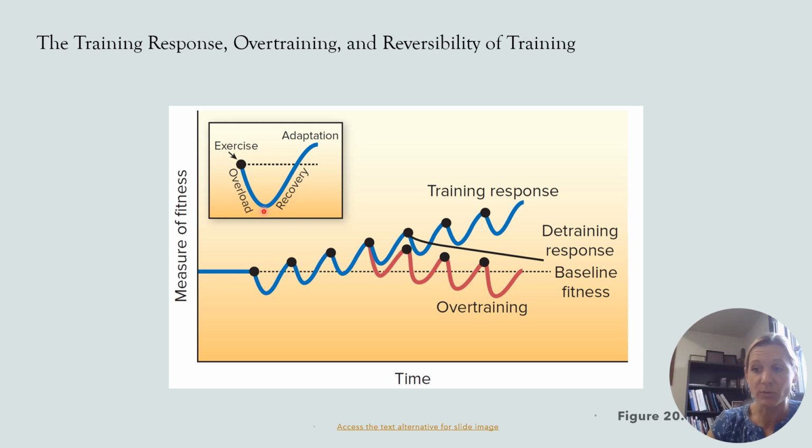I wouldn't be able to do that same exercise bout again immediately afterwards, so I'm down here. And as a result, I'm going to recover, but recover and then add some. So we're going to have recovery back to our baseline, but also add a little bit of adaptation, which allows me to improve my fitness. So the idea is stimulus, recovery, adaptation. And if we do this diligently and plan this well, we're able to gradually increase our fitness over time.